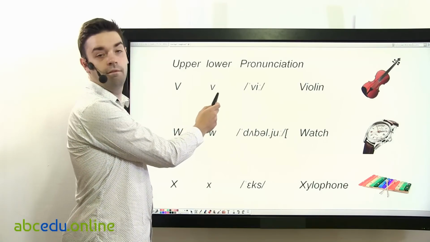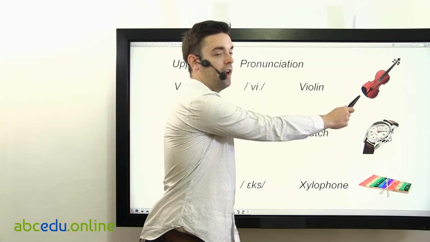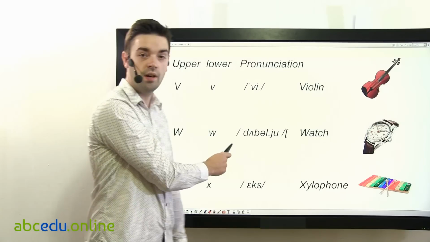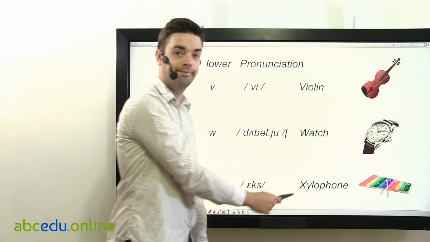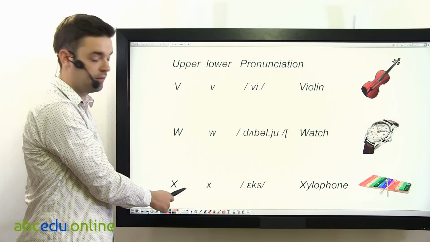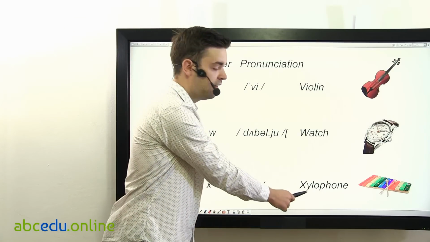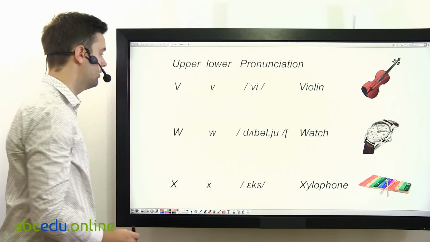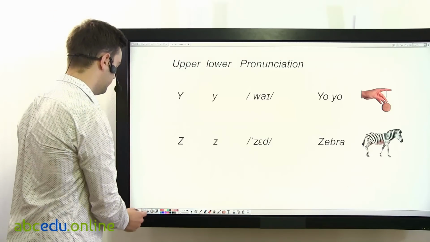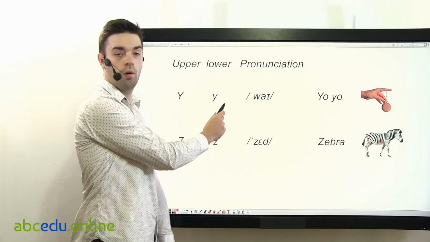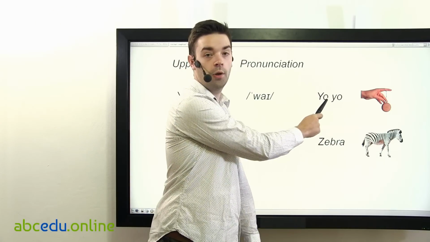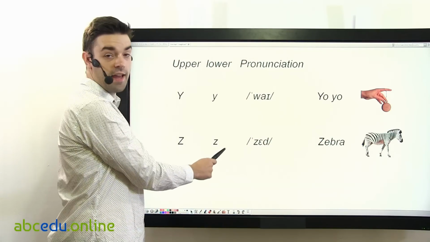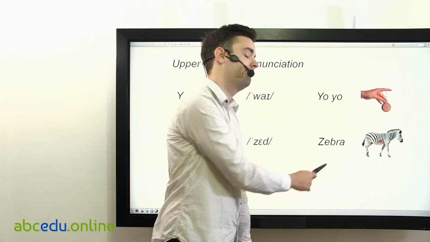V. V for violin. W. W for watch. X. X for xylophone. Y. Y for yo-yo. Z. Z for zebra.